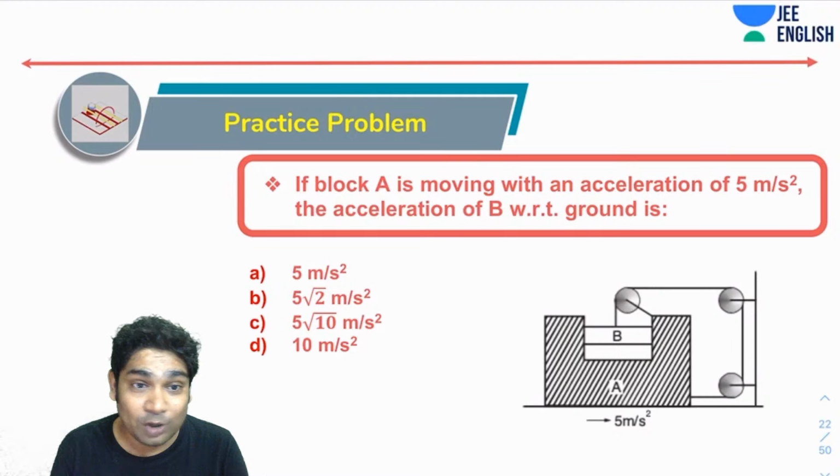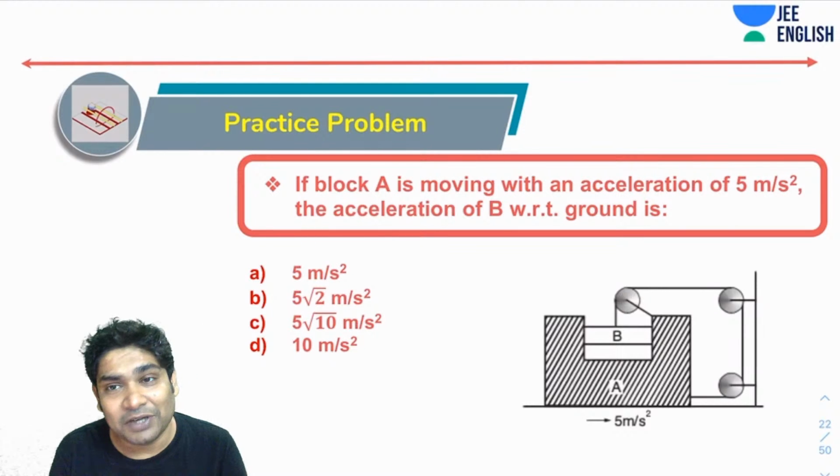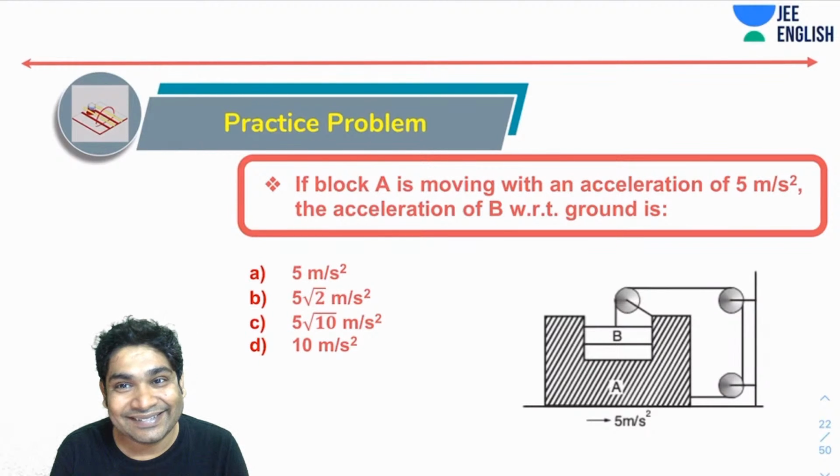C. Okay, no. Why 5 root 10? Where are you getting 5 root 10 from? Nope. No, Chinmay, no. Okay, think again. A. Okay.